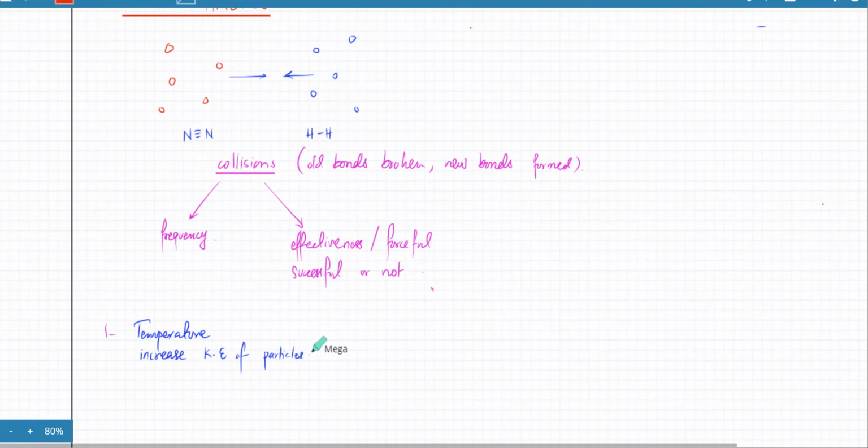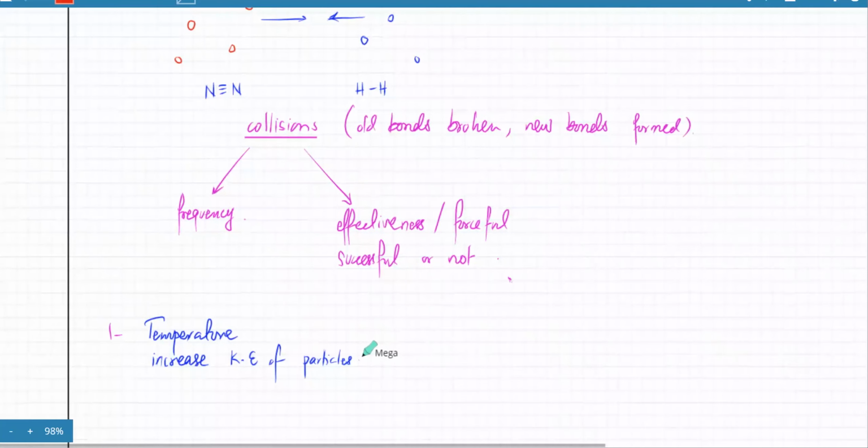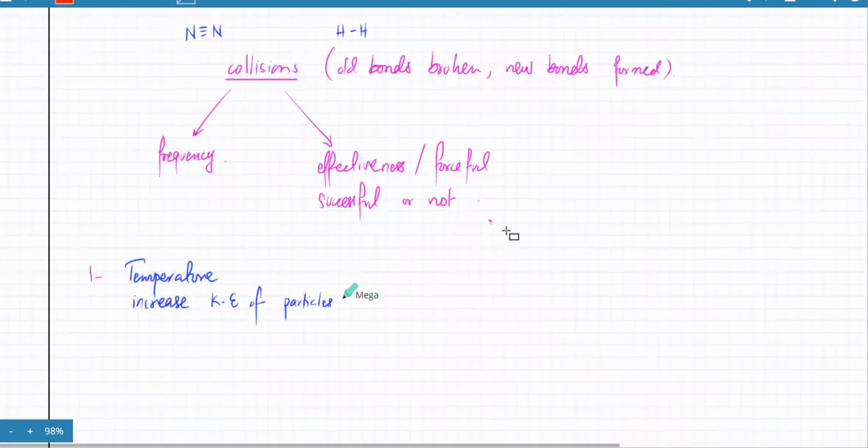Both of them would increase because the particles would be more energetic, so they would be traveling much faster. So they would be bumping into each other a lot more, so the frequency of collisions would increase. Plus, they would be more energetic, so there would be a lot more forceful collisions happening. So in this case both the frequency and the effectiveness of collisions increase.